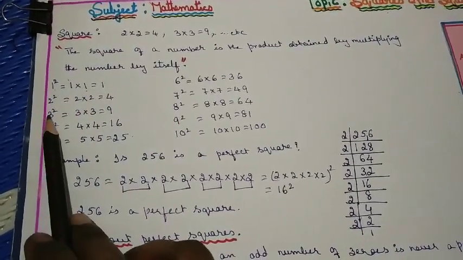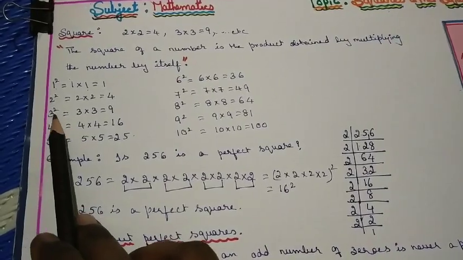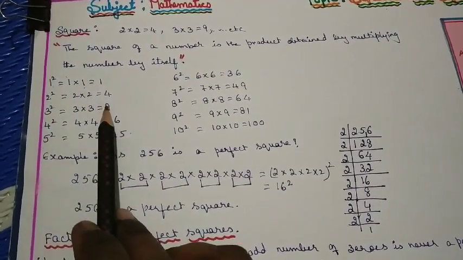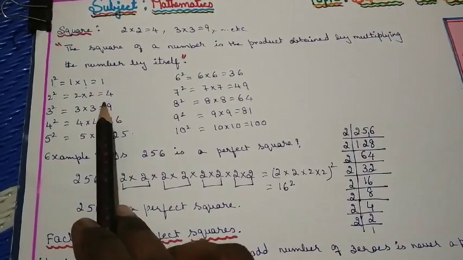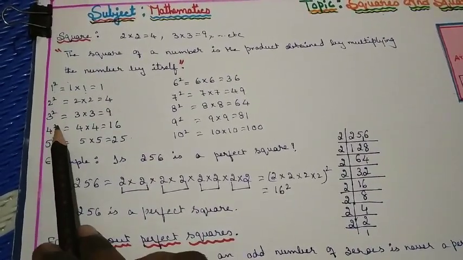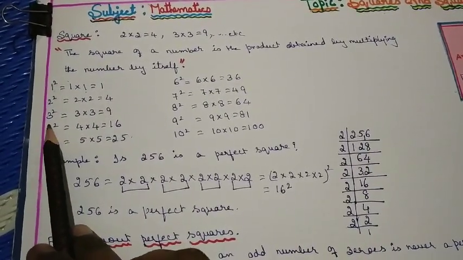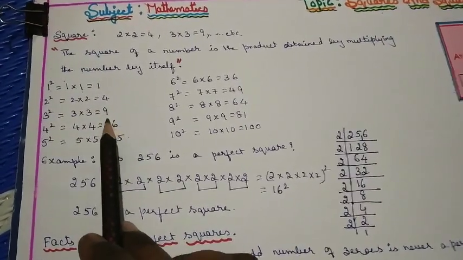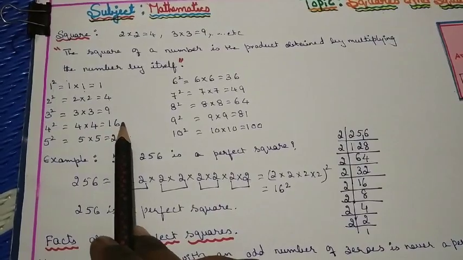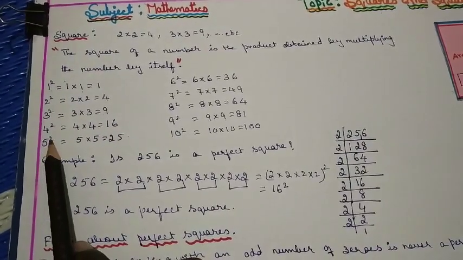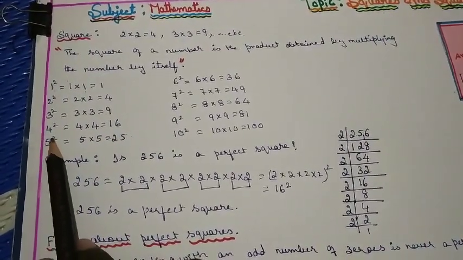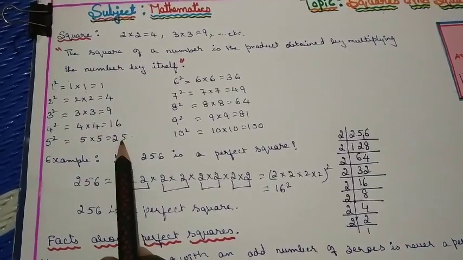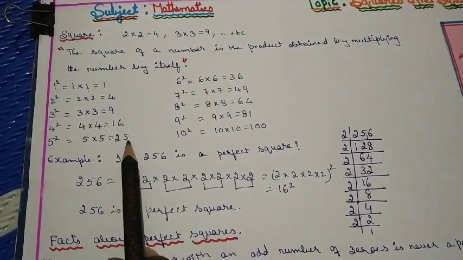If I go with 3 square, the units place is 3, then its perfect square ends with the digit 9. 4 square, the units place is 4 in the number, then it ends with the digit 6 in the perfect square. Then 25, having units place 5, the perfect square ends with the digit 5.